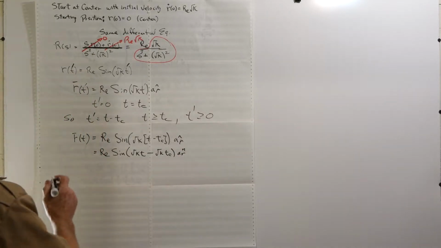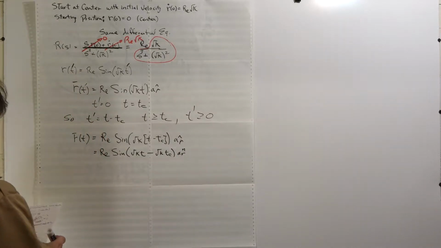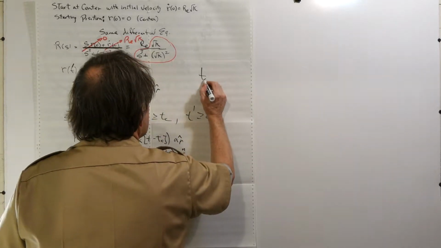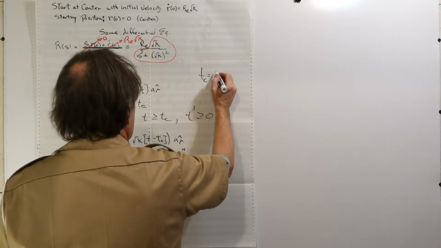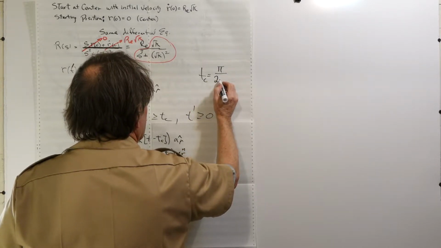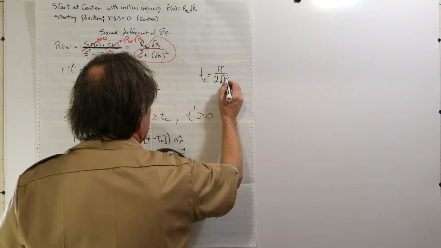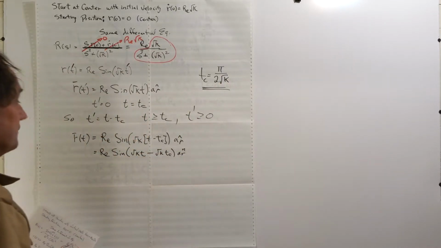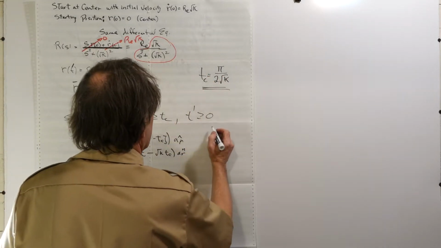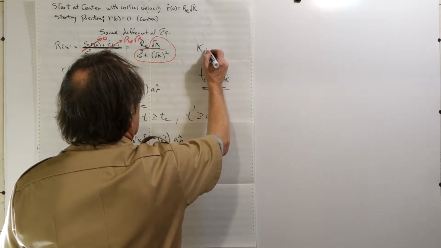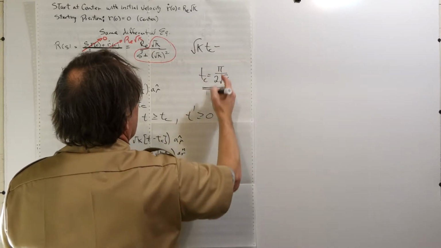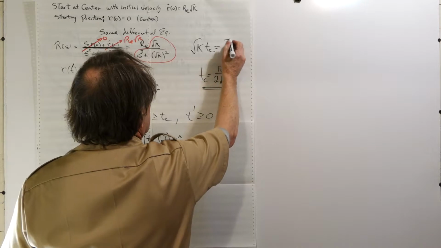But we know that our tc from before, the time to the center, is pi over 2 times the square root of k. That's the relationship. So square root of k times tc is just pi over 2.